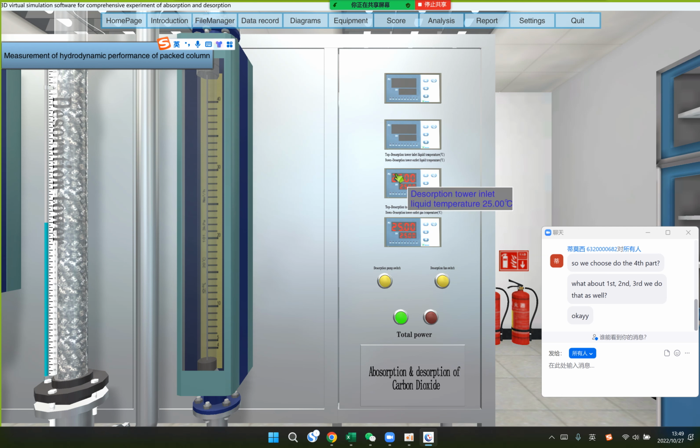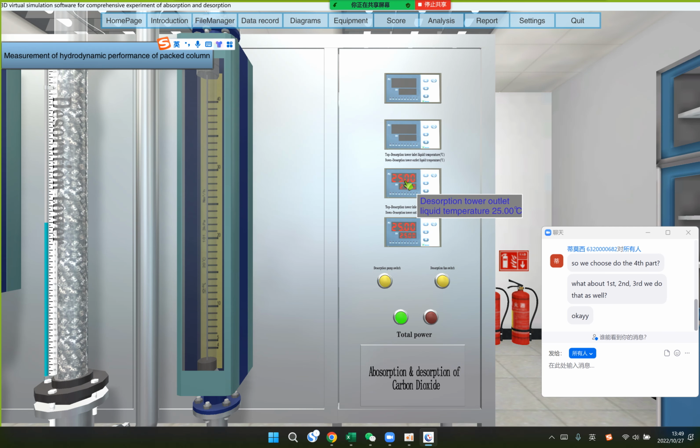They are all 25 degrees Celsius. The temperature here is very important because of the calibration of the velocity, or the calibration of the volume flow rate, especially for the gas, and it is well understood for this experiment.